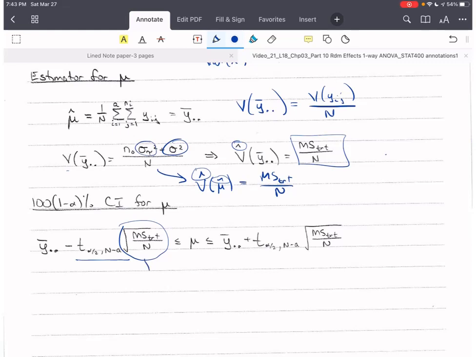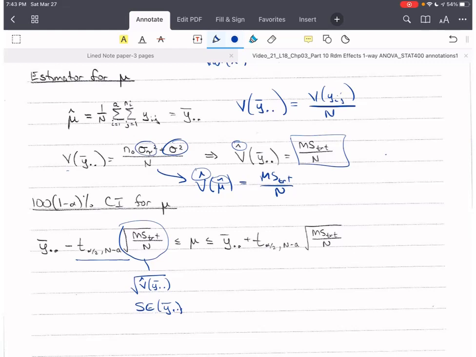This is the standard error, the square root of the estimated variance of y dot dot bar. Sorry, I have too many dots there.